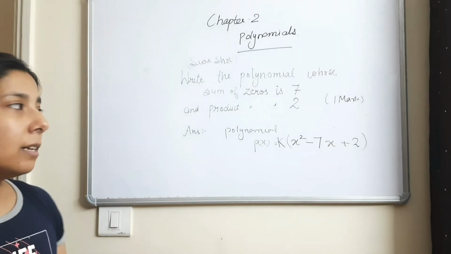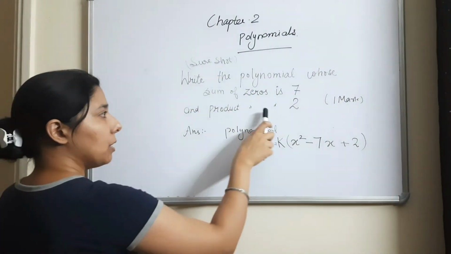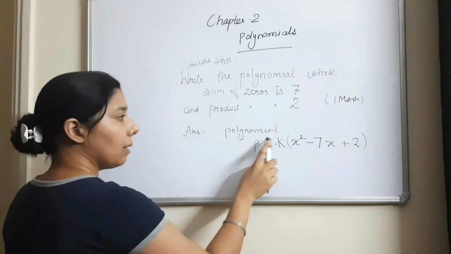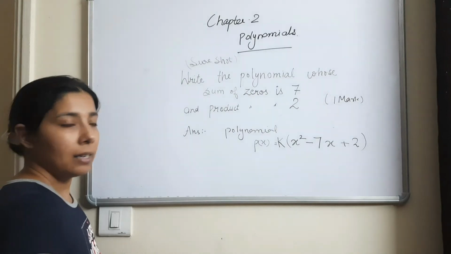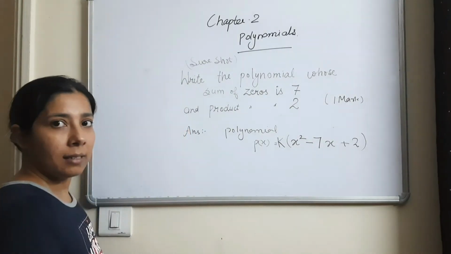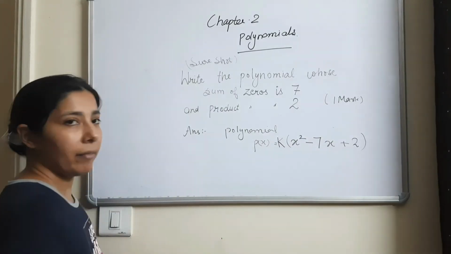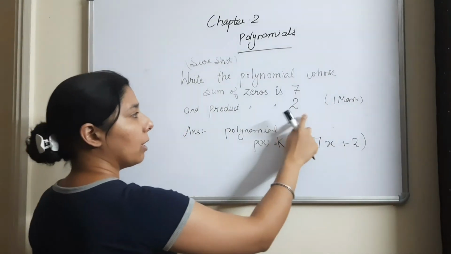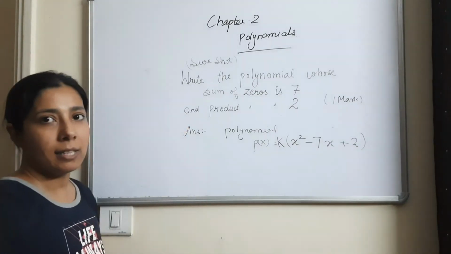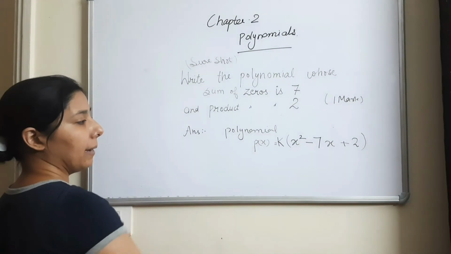Isn't it simple? So if the sum of zeros is 7 and product of zeros is 2, then for writing the polynomial, we are first writing x square, then putting a minus sign, then writing the sum of the zeros, whatever is given to you, which is 7, then putting x, then plus whatever the product is given to you, which is 2 here in this case, and then multiplying this whole polynomial by an arbitrary number k.